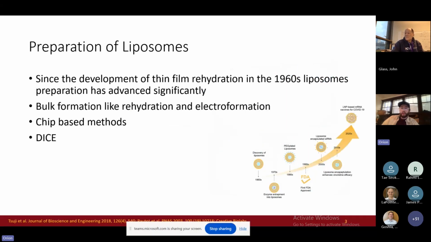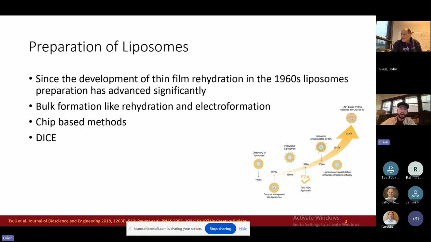Liposomes were first described in the 1960s surrounding blood cells, and the first method for forming them came about in 1965. This was thin film rehydration. Since then, many different methods have come about, iterating on the bulk formation methods of thin film rehydration or electroformation.